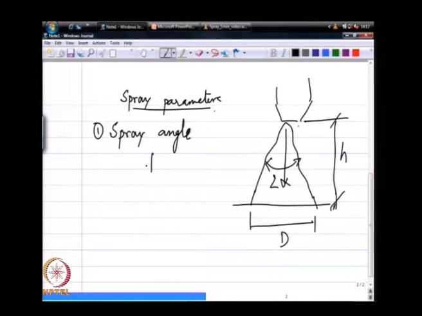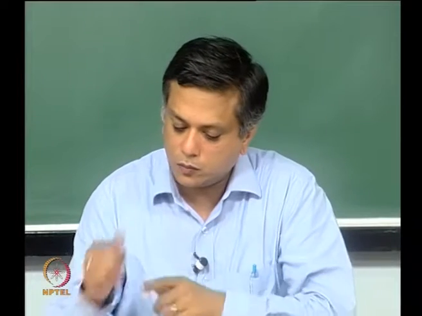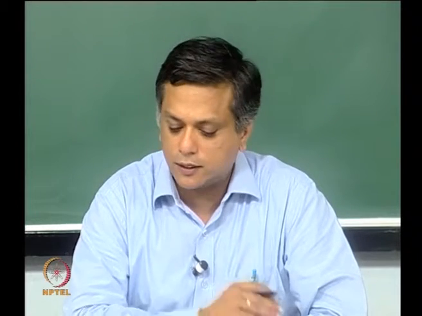I can define a tan alpha to be equal to h over d by 2, or rather other way around, d by 2 h. Okay, this is one of the simplest ways of measuring this angle.